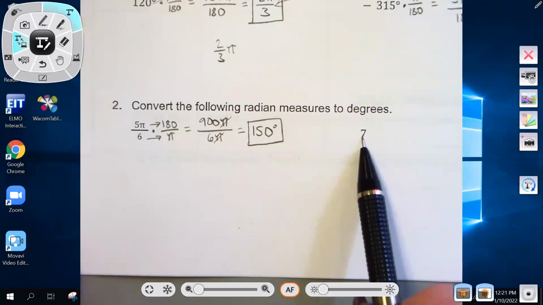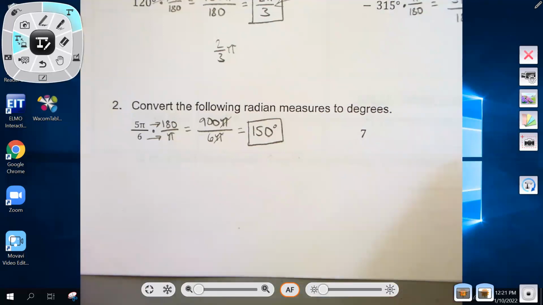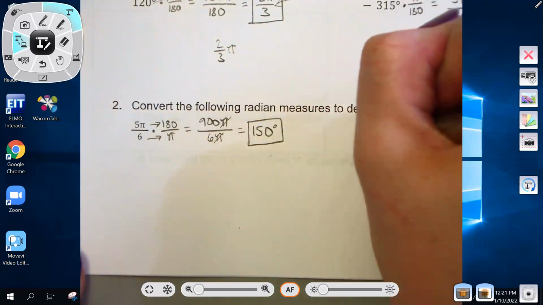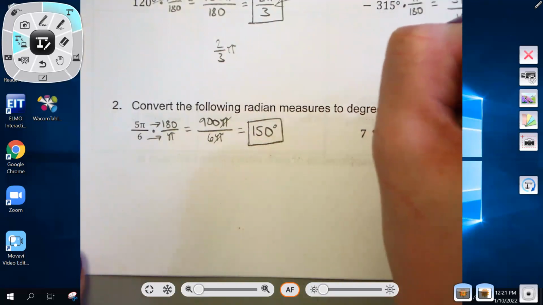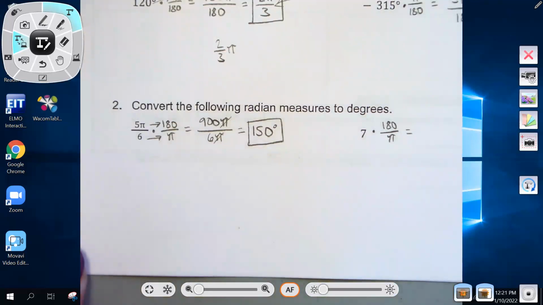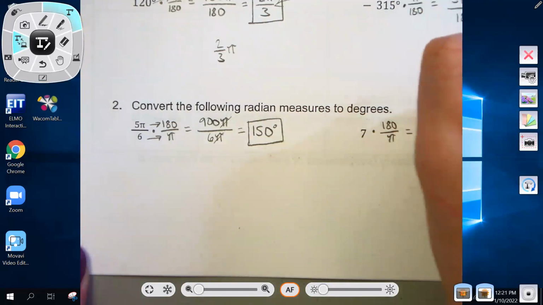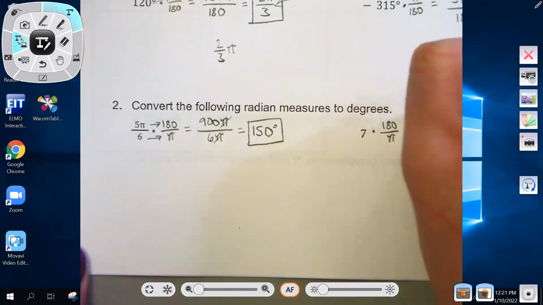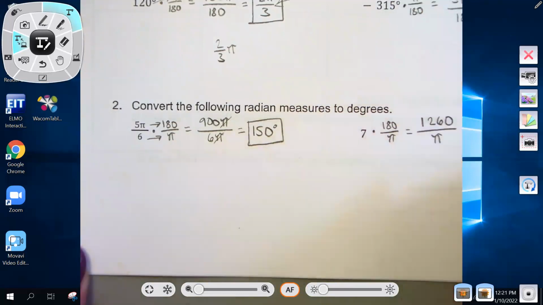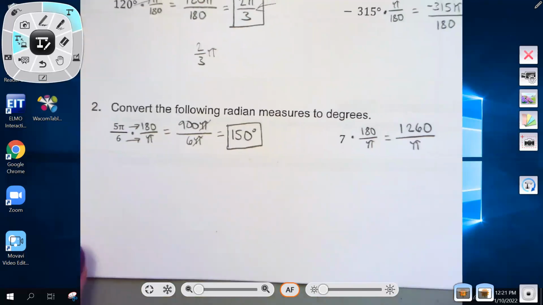Okay, we've got 7 radians that we want to change to degrees. So we're going to multiply by 180 over pi. Seven times 180 is 1,260, and then we've got over pi.